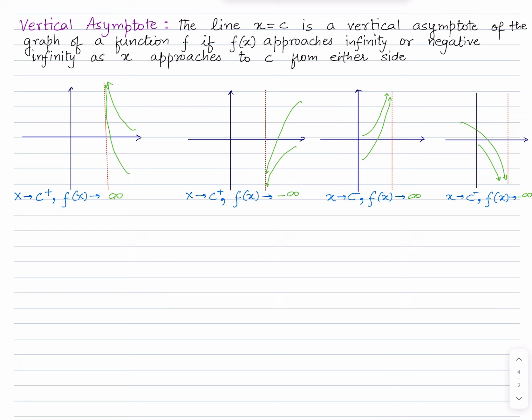Looking at the graph and checking vertical asymptotes is fairly easy, but what if we have algebraic form? Then how will you find your vertical asymptote? Very easy to check.